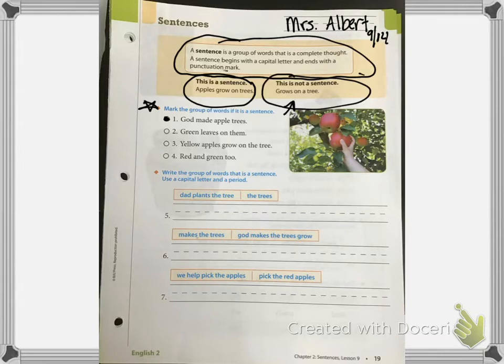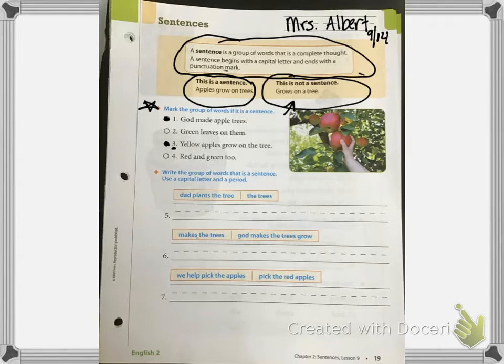We can't tell what it's talking about. So no, that is not a complete sentence. So we're going to move on to number 3, and it says yellow apples grow on the tree. And would that be a complete sentence? Yes, it would, because it's telling us who or what is growing on that tree. It's the naming part and it's the action part. So we're going to fill in the circle beside number 3.